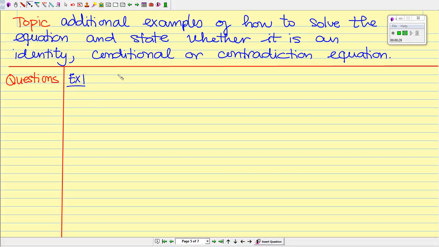Given this equation, negative 3 times x plus 1 plus 2 times x minus 3 equals x plus 6 minus 2x minus 15.